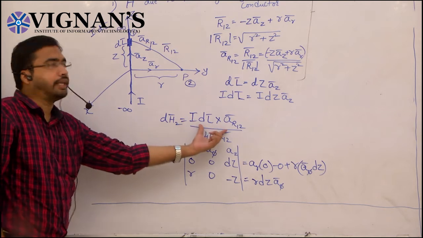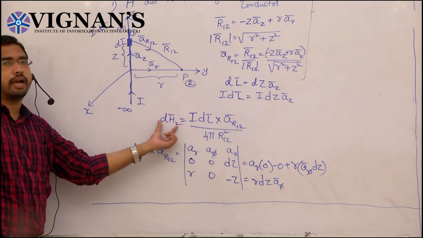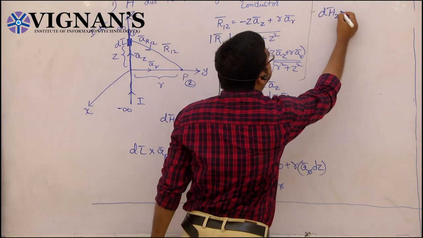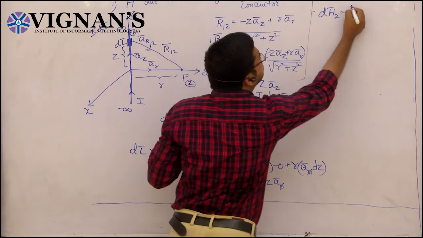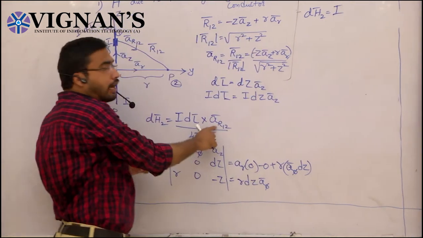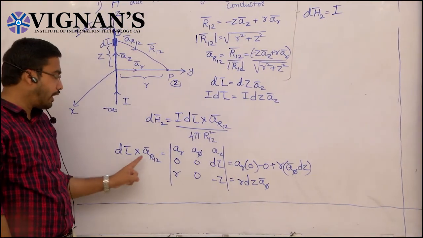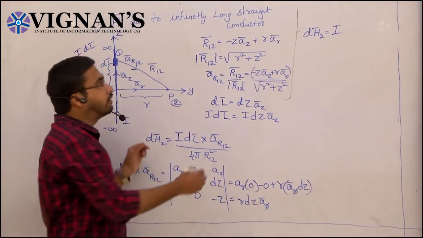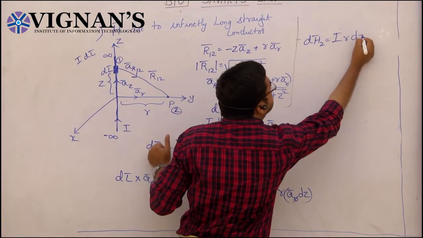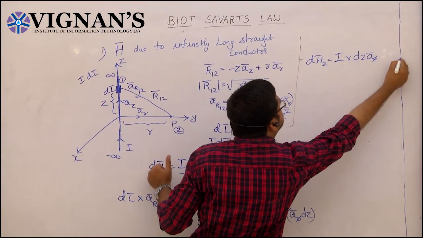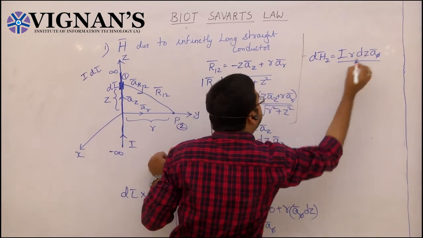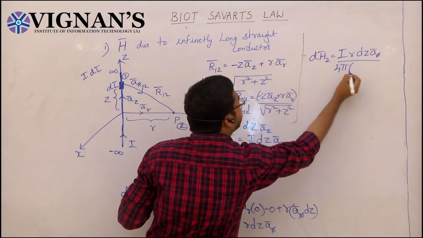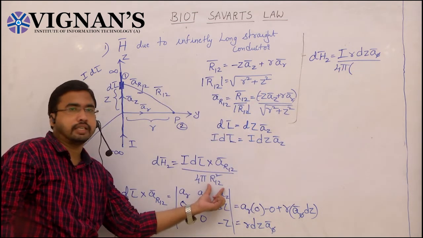So if you substitute this value here, then you can find the differential magnetic field intensity, that dH2 is equal to I into, what is dl bar cross AR12 bar? That value is equal to R dz A5, divided by 4 pi into, what is the distance?